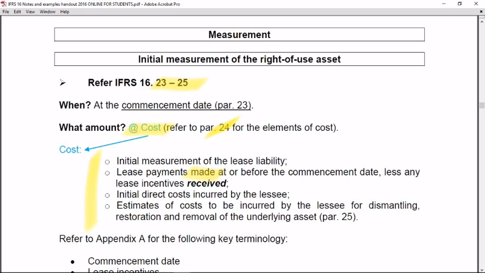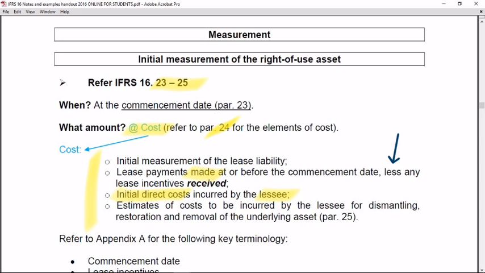From that, you then deduct the lease incentives received by the lessee from the lessor. Also included in the cost of the right of use asset is the initial direct costs incurred by the lessee.